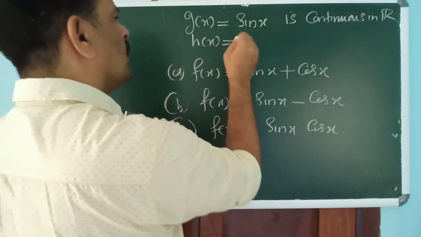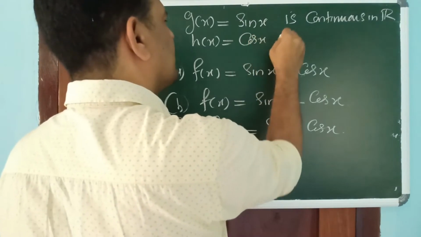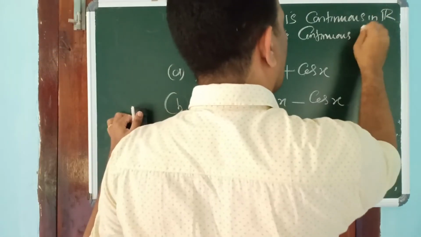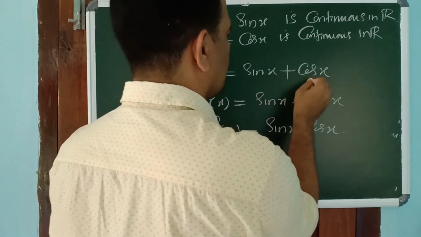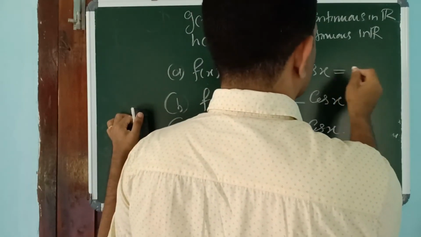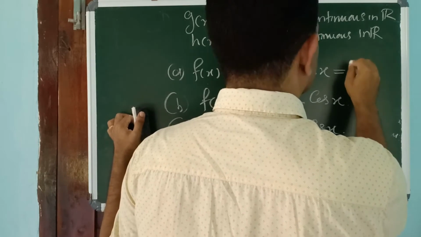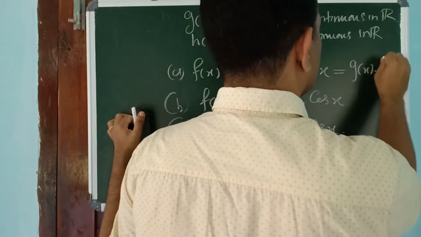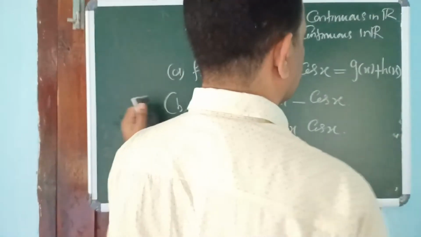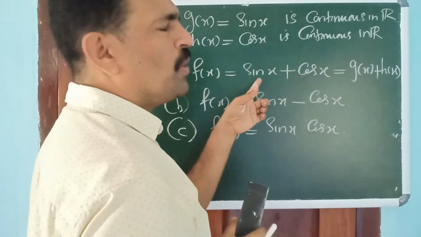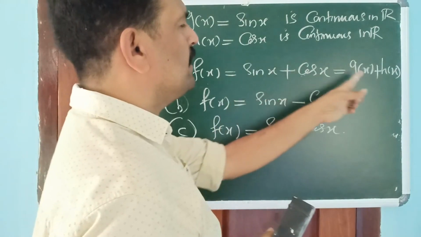Similarly, h of x equal to cos x is continuous in R. Now f of x equal to sin x plus cos x is g of x plus h of x, which is continuous in the set of all real numbers, because the sum of two continuous functions is continuous.